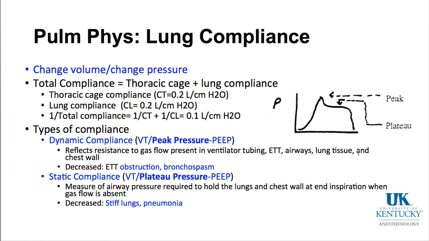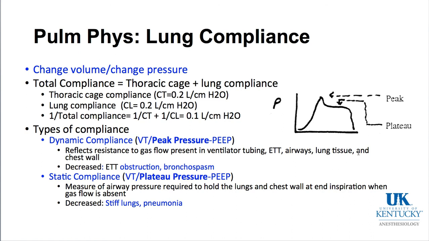Think of dynamic compliance as being calculated as a volume, the tidal volume, over a pressure, the peak pressure, minus PEEP if there's any present. This represents what's going on in resistance to gas flow in the tubing, in the endotracheal tube, in the airways, in the chest wall, and classically, if it goes up, that's an obstruction of some type or bronchospasm of some type.